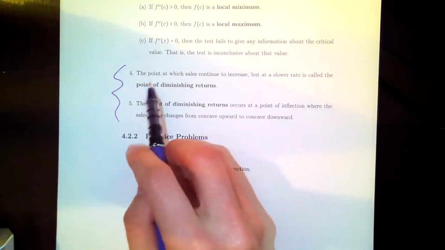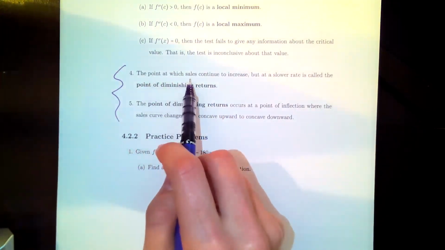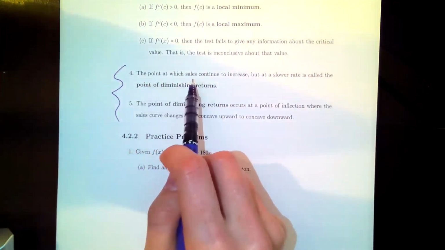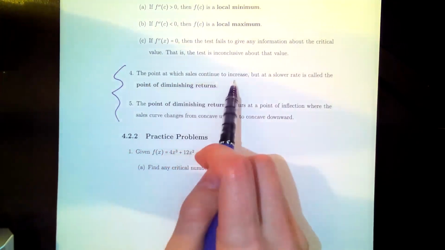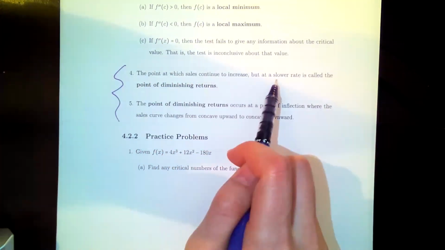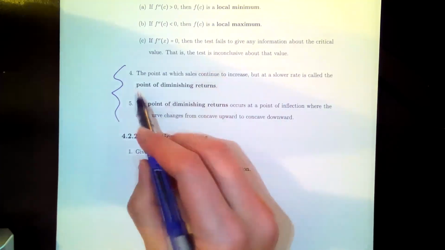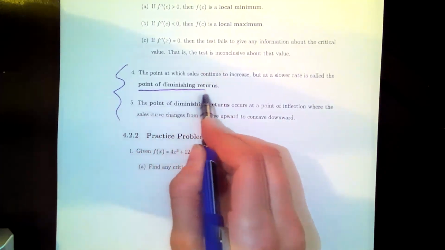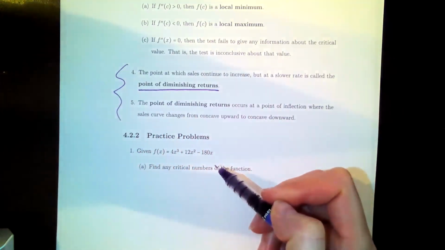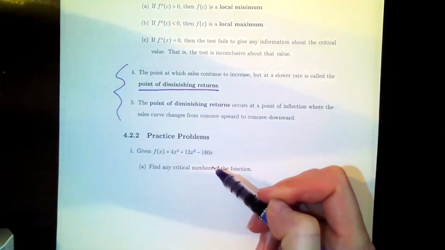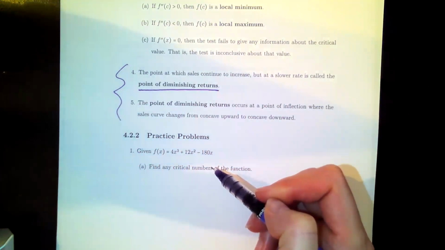It says the point at which sales, so you're selling something, continue to increase but start to slow down is called the point of diminishing returns. So your sales are still going up, but they're starting to slope downward. We're not selling as much. So when that happens, it's called the point of diminishing returns.